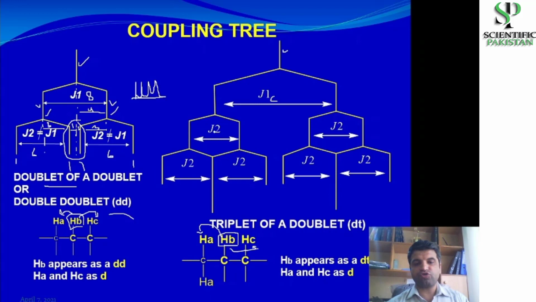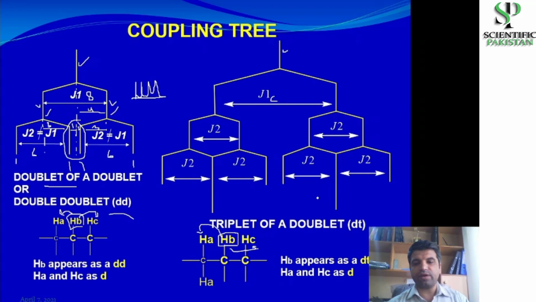So you just draw a triplet as I showed you earlier. So a triplet from this one and a triplet from this one, and the coupling constant value would be different. So this is J2, this is J1. Just like for the double doublet, the J values are different. So again, we have 2 J values.